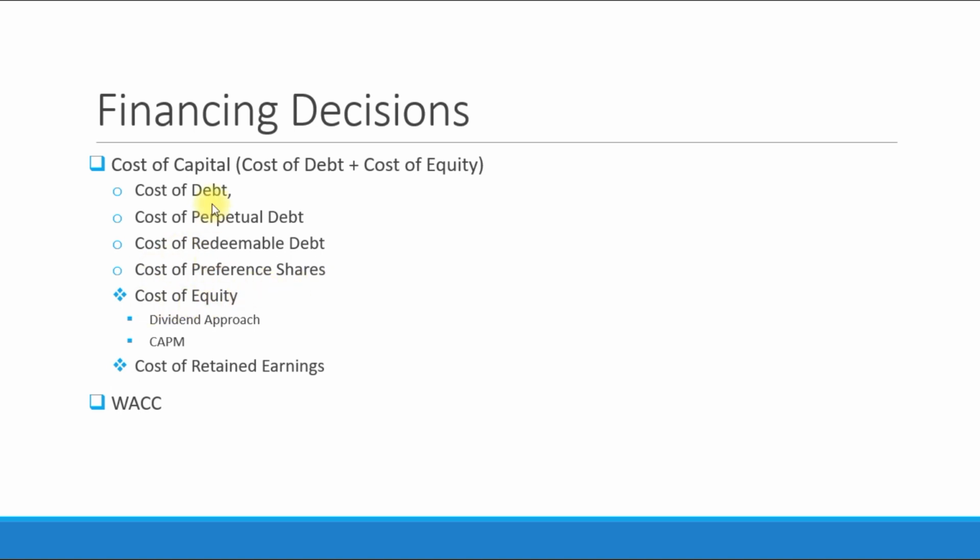So until then it is debt and then cost of equity. We explain by two approaches, dividend approach and CAPM, which is capital asset pricing model, and then we will go on explaining cost of retained earnings. So cost of equity and cost of retained earnings will be part of equity, and then we'll also take up and explain WACC, which is weighted average cost of capital.